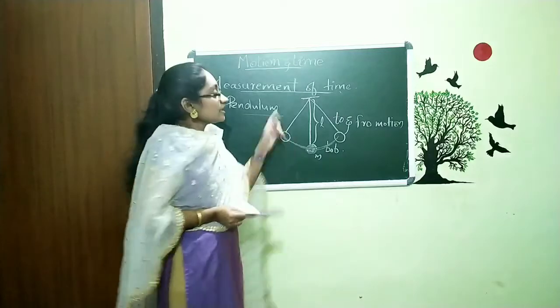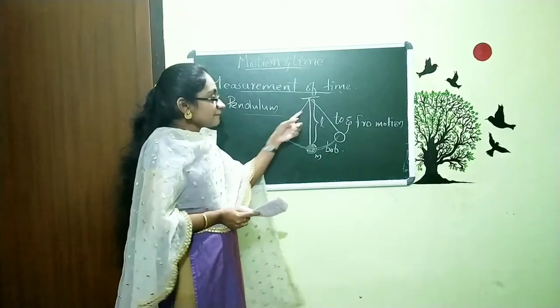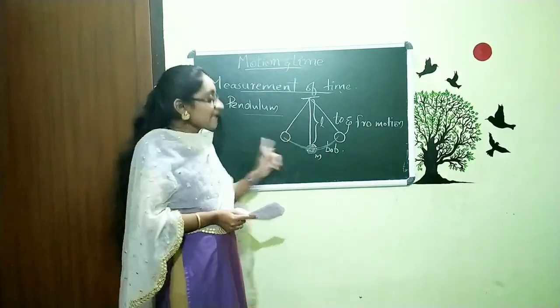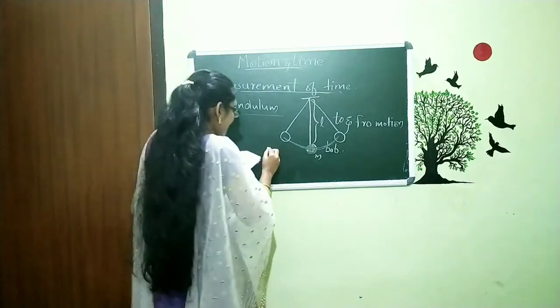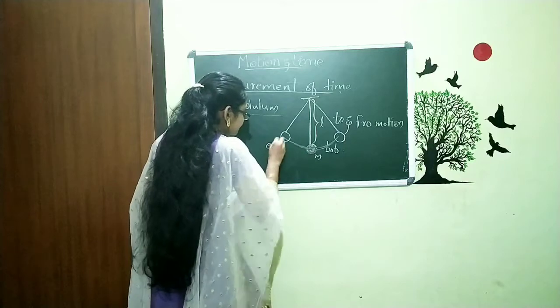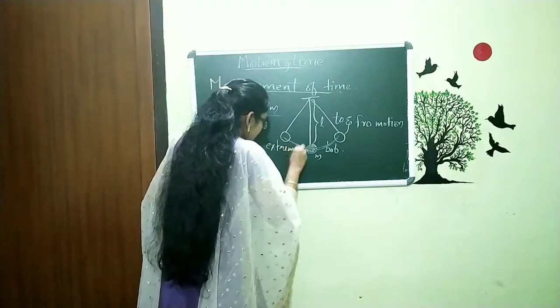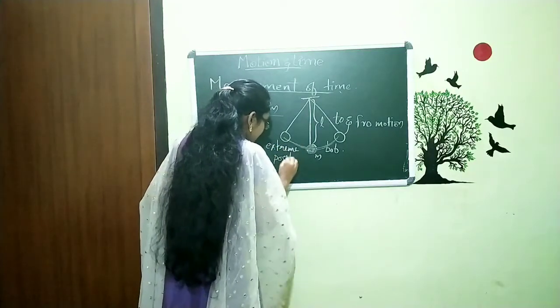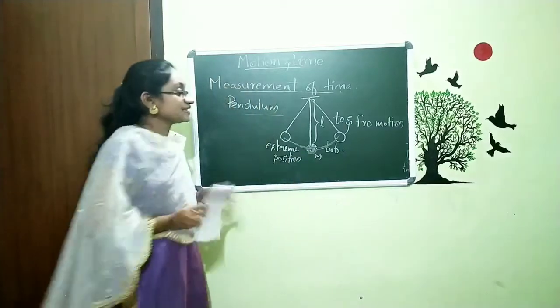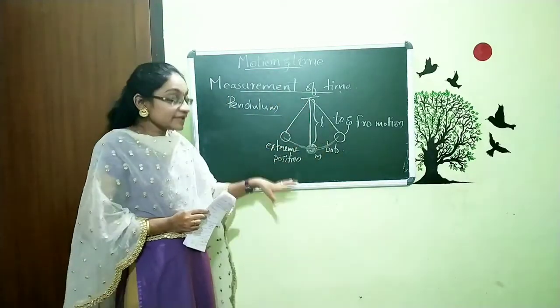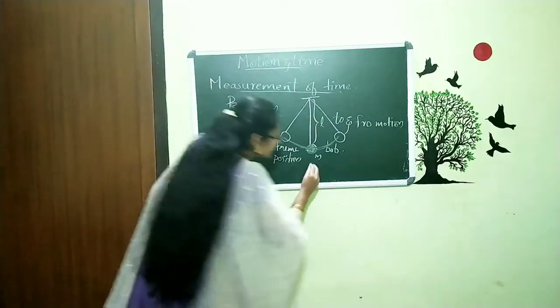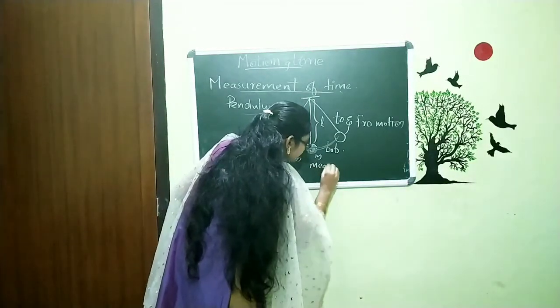That means this bob is getting a maximum length here. And I am calling this point by a name called extreme position. Extreme position. That means when this bob is at rest, we call that position the mean position.